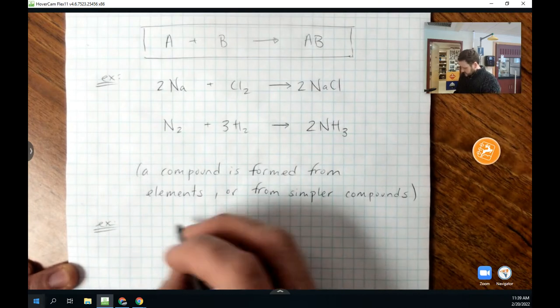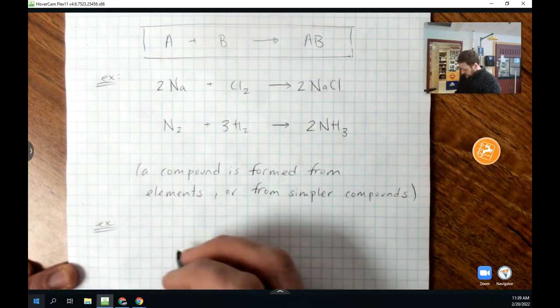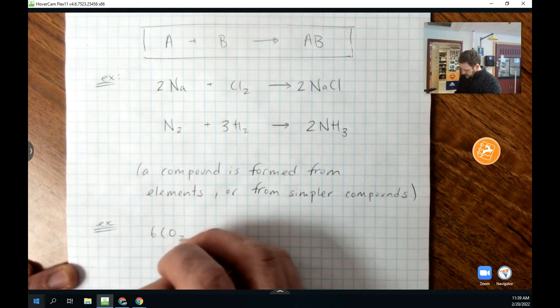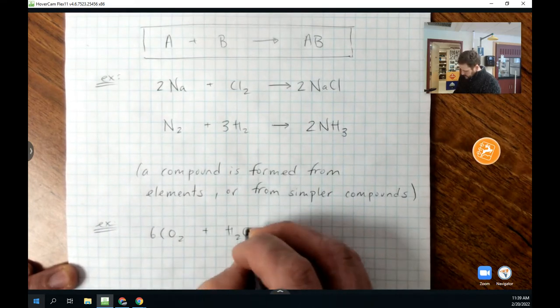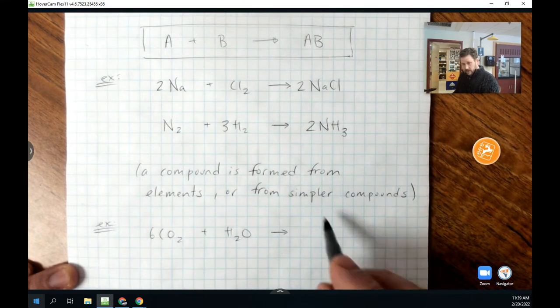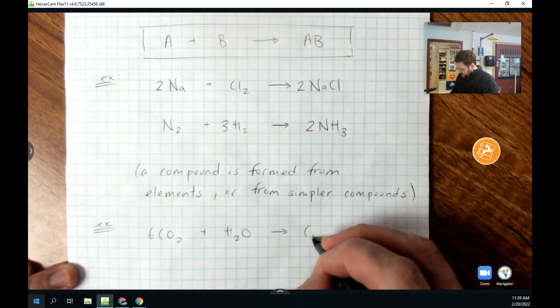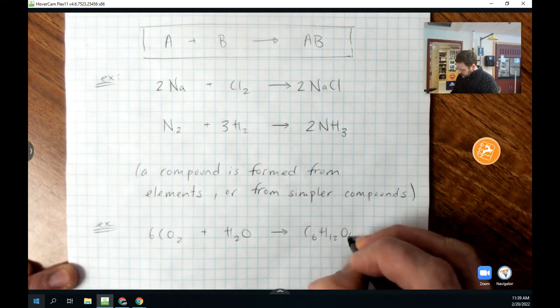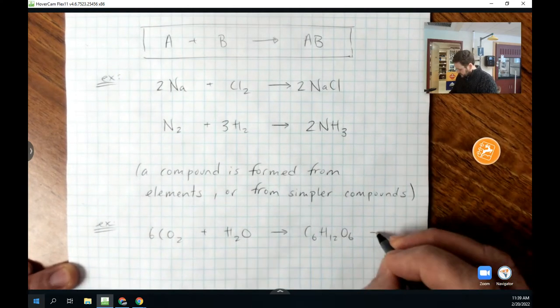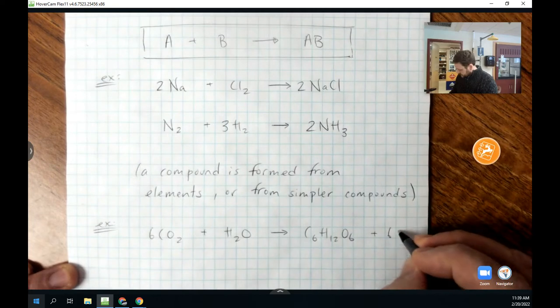Photosynthesis is the synthesis of a complex compound, a sugar, from carbon dioxide and water. And while this doesn't seem to match the formula or the general form up above here, it's still considered a synthesis reaction because we're forming a very complex compound from simpler ones.